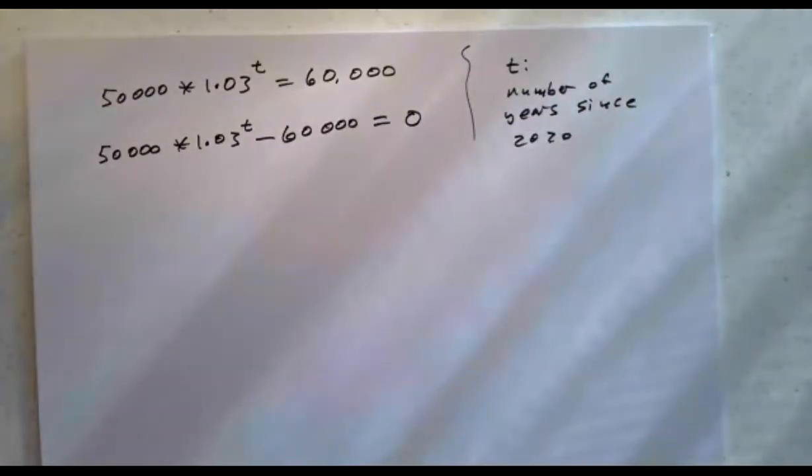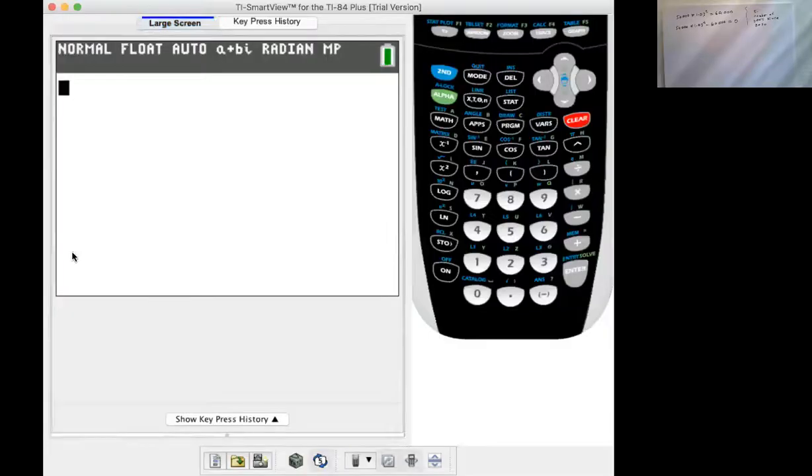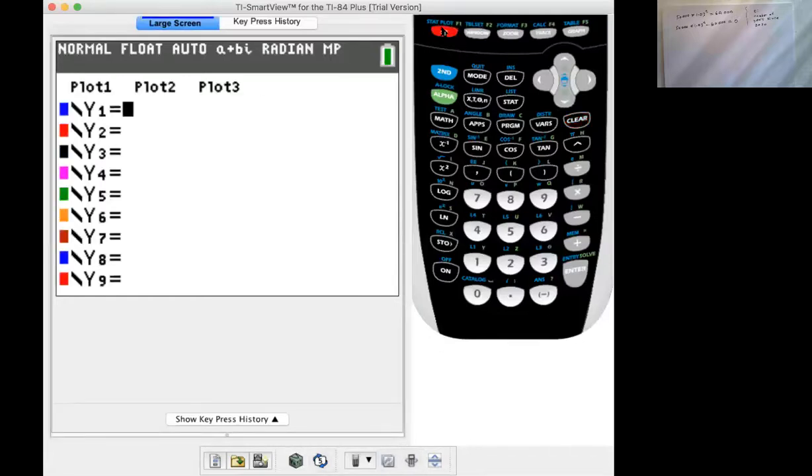So we'll go ahead and pull that up with the graphing calculator. I need to use X's rather than T's here. So 50,000 times 1.03 to the T power, which will be to the X power here.